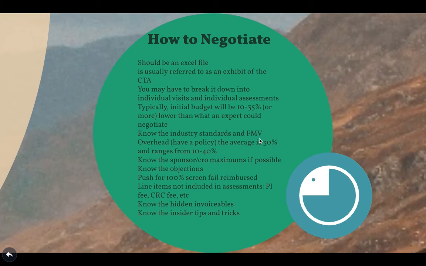Well, usually you're going to justify your request with this language, right? I'm requesting this amount because this is fair market value or industry standard. I think those are interchangeable. Fair market value is the industry standard. And oftentimes you'll have sponsors or CROs throwing this language at you as well, in which they will say your request exceeds fair market value.